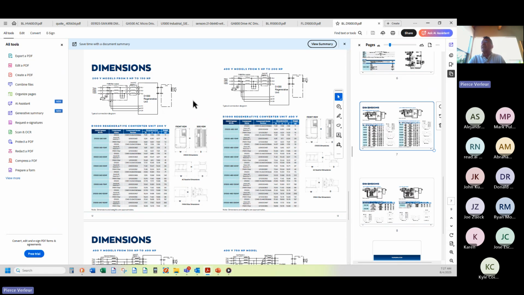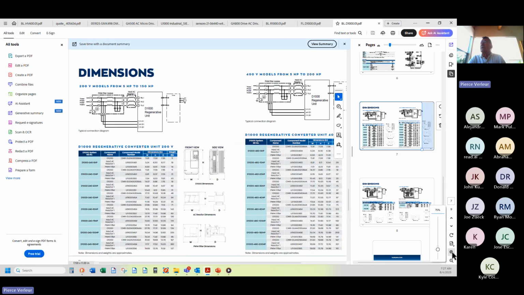All right, that's the basic D1000. This is the power on the left side. There are some filters that go with the D1000 to take out the PWM chop. This is the D1000 itself, and here's the VFD, and here's the motor.